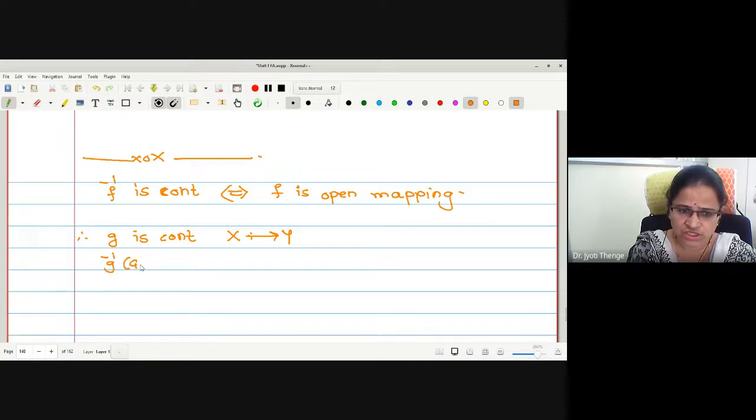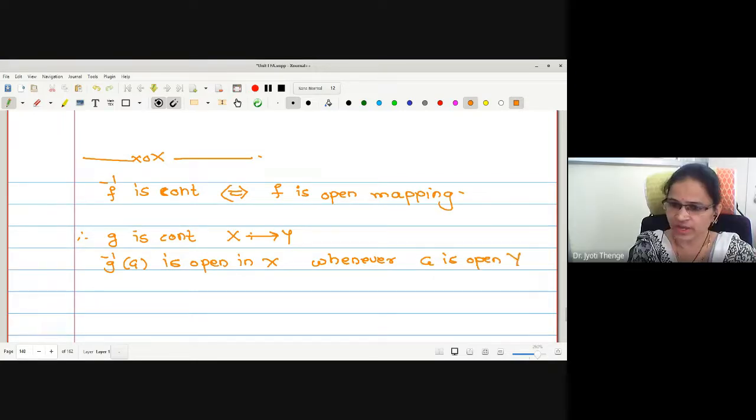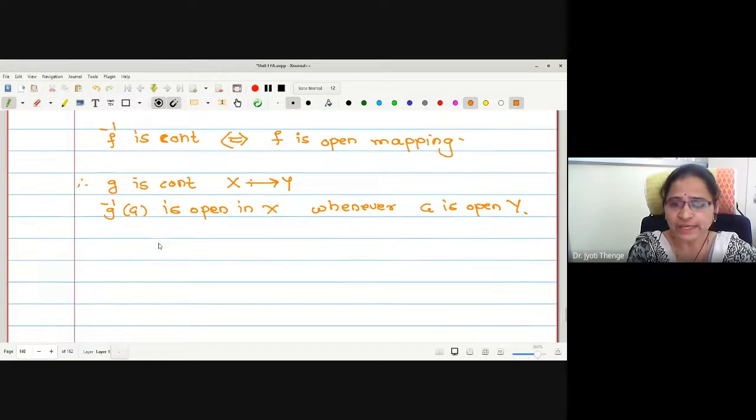G inverse of capital G is open in X whenever capital G is open in Y, right? That is, a continuous mapping pulls the inverse image of an open set to be open. Are you familiar with this? Yes, ma'am. Okay, this theorem we are familiar with.